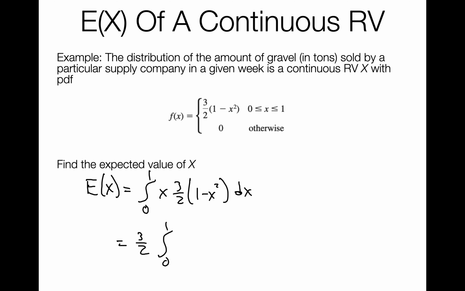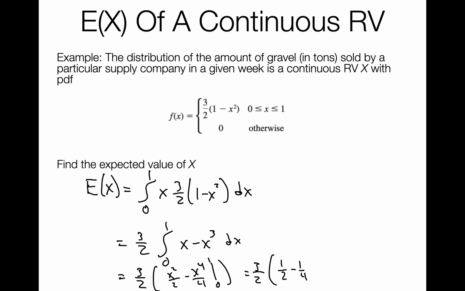Integral from 0 to 1 of x minus x cubed dx. So it's really 3/2 times x squared over 2 minus x to the 4th over 4, evaluated from 0 to 1. When you evaluate it at 1, that's a 1/2 minus a 4th. When you evaluate it at 0, you're left with 0 minus 0 on that side.